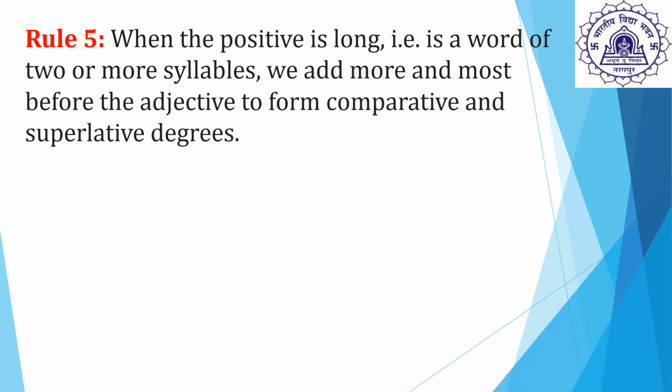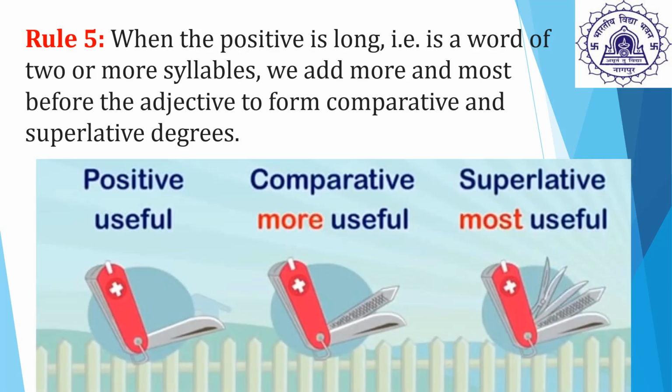Now the next rule says when the positive is long, that is a word of 2 or more syllables, we will add more and most before the adjective to form the comparative and superlative degree. Now let's see the example. Now children, as the positive is long, we will not add a double L here and make it usefuler or usefulest, because it is totally wrong English.